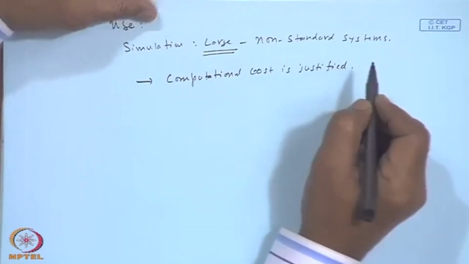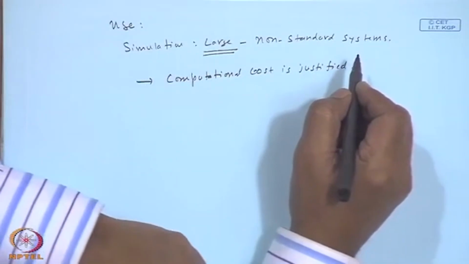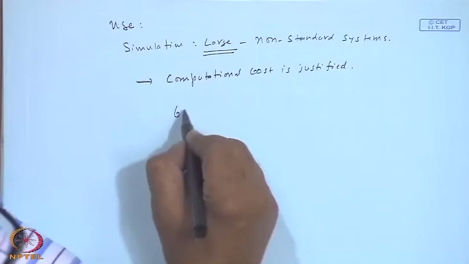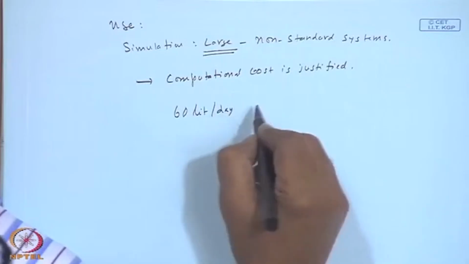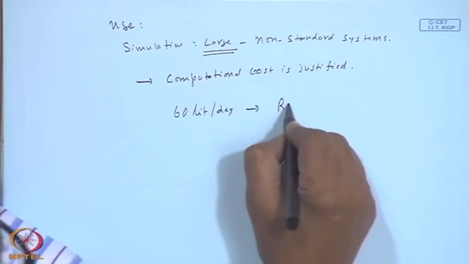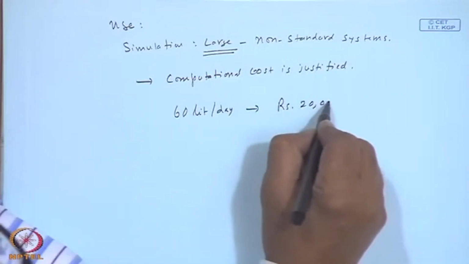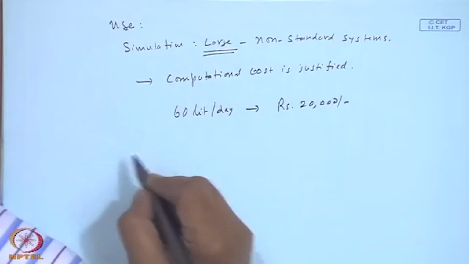So, we should also understand, even though the cost of simulation is a fraction of the experimental cost, the cost of simulation can be significant if you are talking about a small scale system. For example, a domestic water heating system supplying about 60 liters a day may cost approximately Rs 20,000.